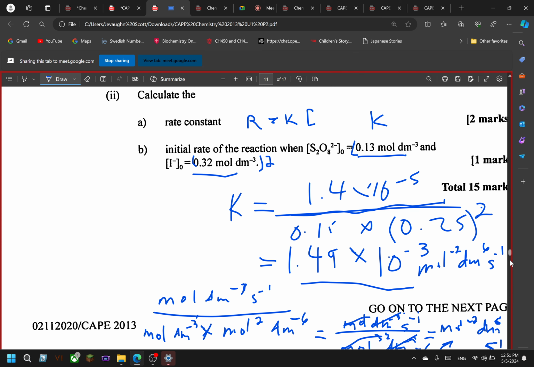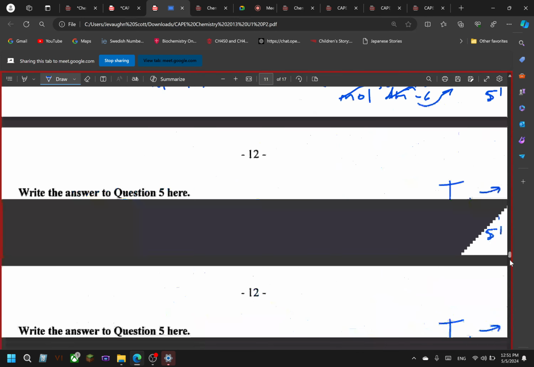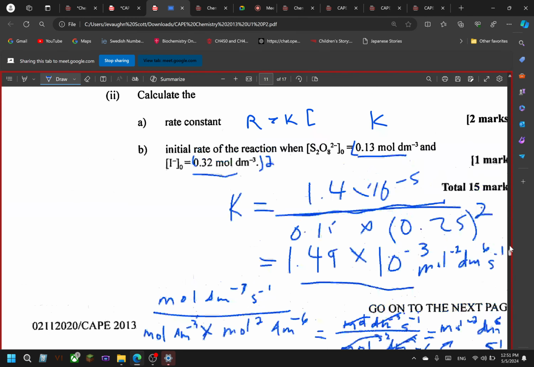Is it necessary to actually go through the calculations, because all we're doing is plugging in values?